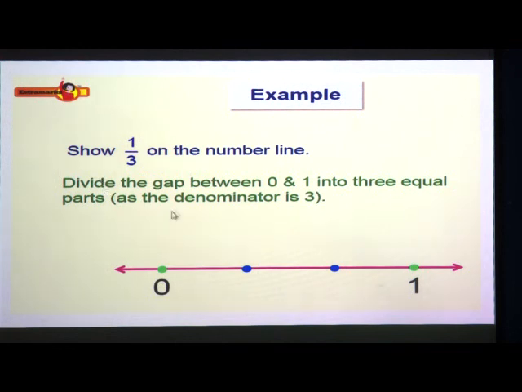So, between 0 and 1 we have to create 3 equal parts.